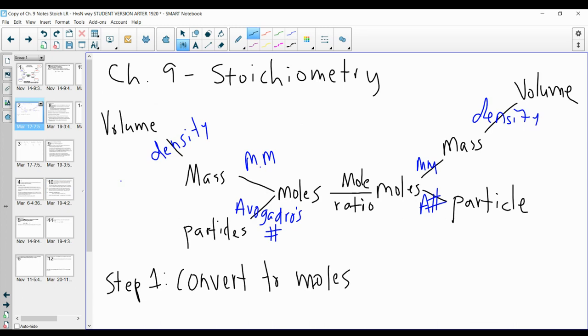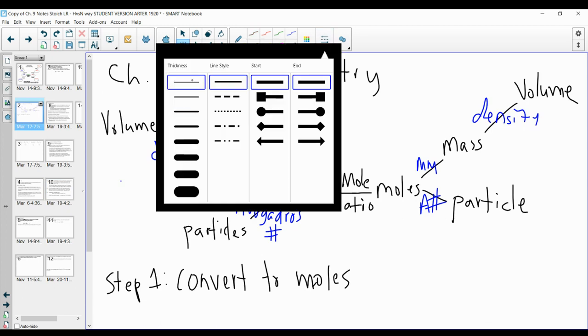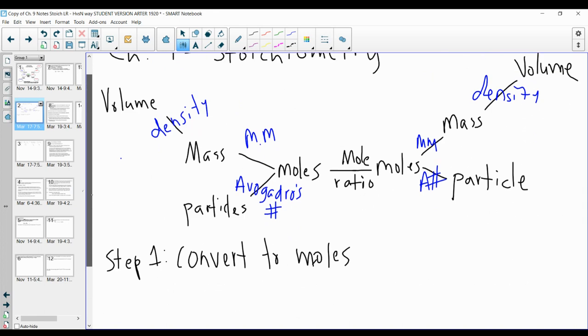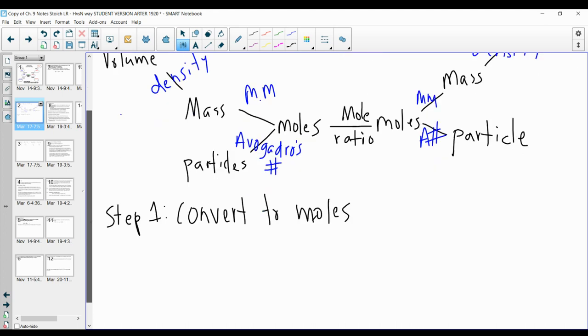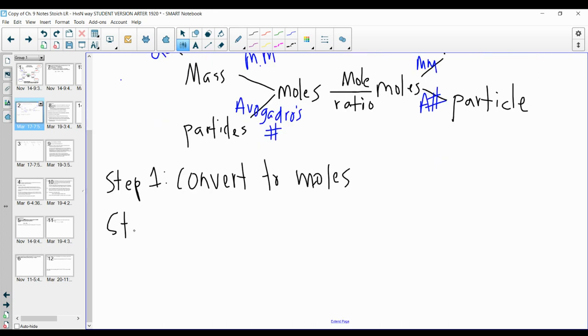As we go back through the steps, step one is going to be always convert to moles. So wherever you're starting, whether it be mass or particles or volume, you want to do what you need to do to get to moles. Step two in our math is going to be that mole ratio step.